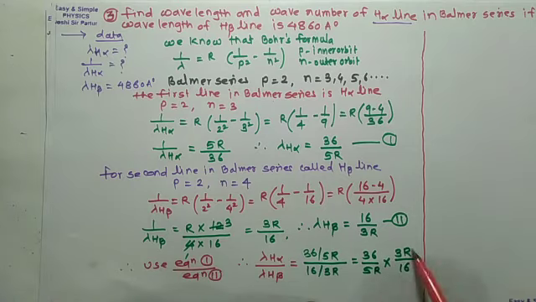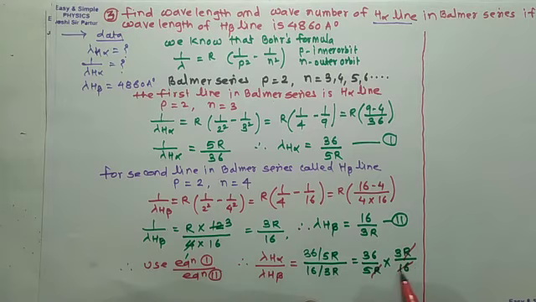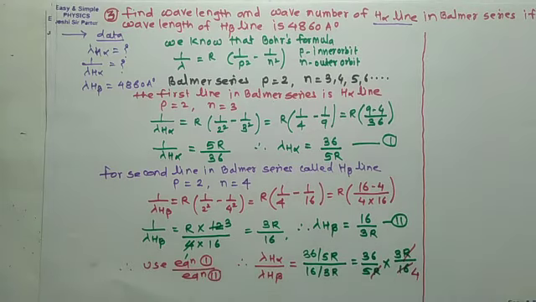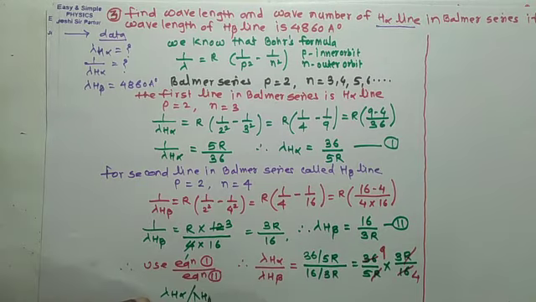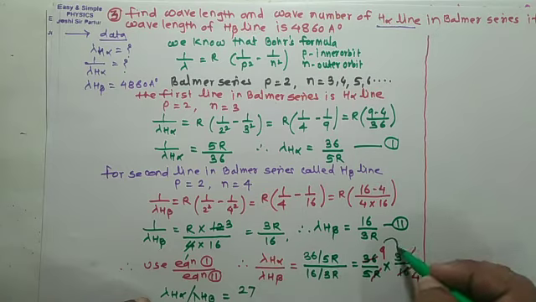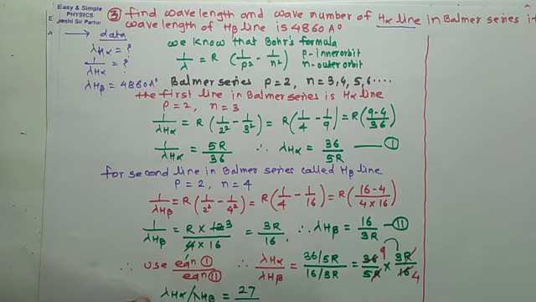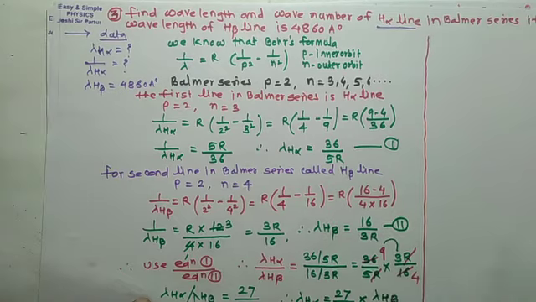R gets cancelled. 4 fours are 16 and 4 nines are 36. So lambda H alpha divided by lambda H beta is equal to 27 divided by 20, the multiplication of 9 and 3 divided by 20. Therefore lambda H alpha equal to 27 divided by 20 multiplied by lambda H beta.